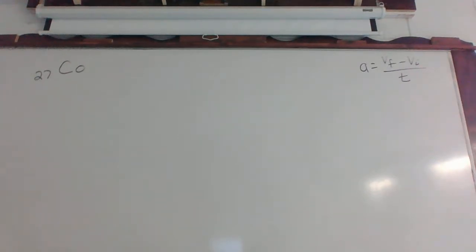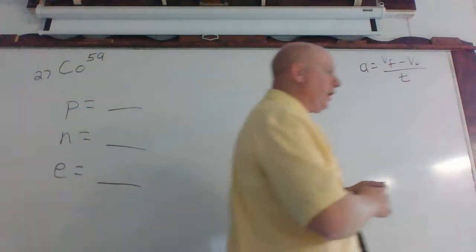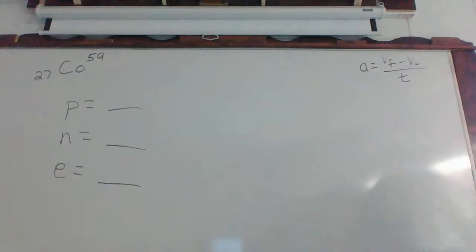Okay? So some things we want you to know about this element are as follows. So, this is a neutral element. What can you tell me? Everything you know about cobalt with the information that you have up on the board. Some of this is review, just tell me.